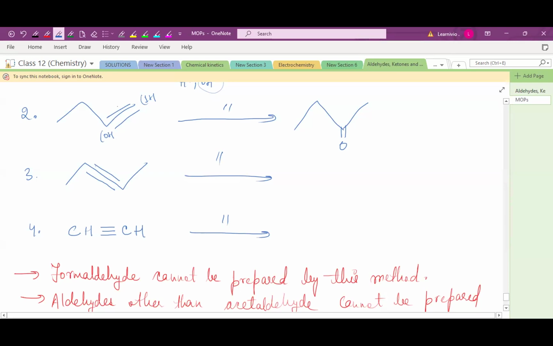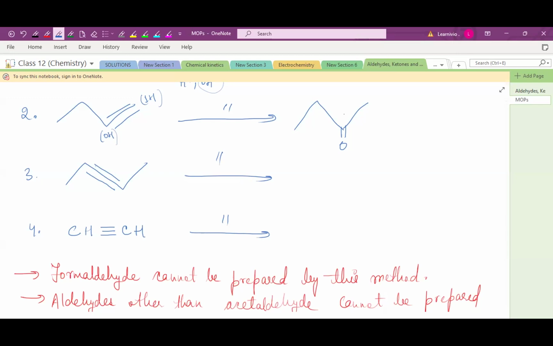what you are supposed to do is break the triple bond and make it a single bond, and check which carbon has less number of hydrogen. Make that carbon a ketone, because first it will form an OH group, and the OH group will undergo tautomerization and convert to the ketone.